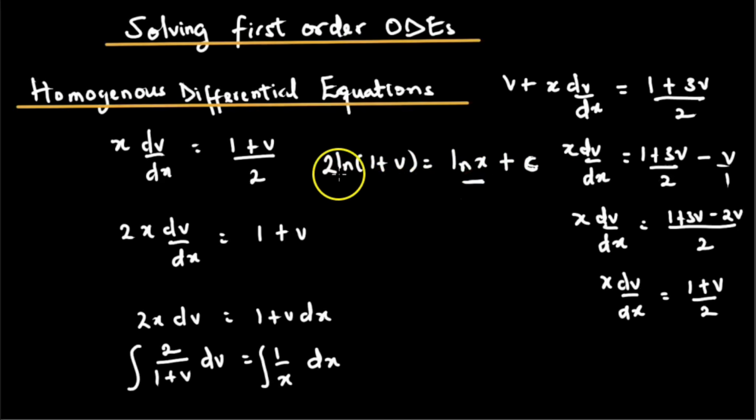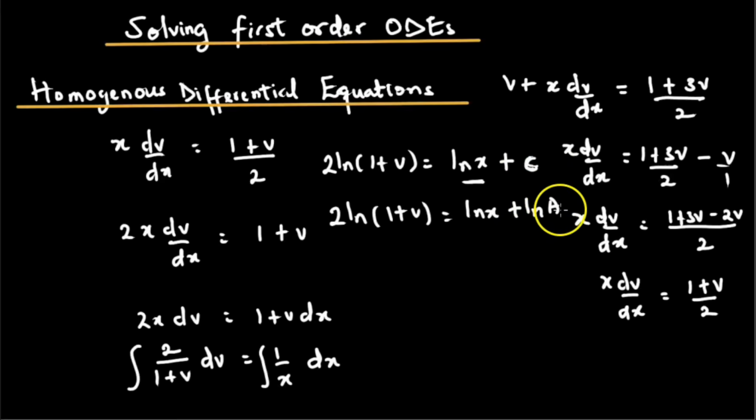So I can write this as 2 ln(1 plus v) equals ln x plus, let's replace this constant with a value, say ln a. Now simplifying this logarithm, this becomes ln ax, from the laws of logarithm.